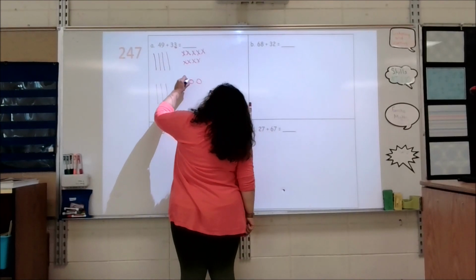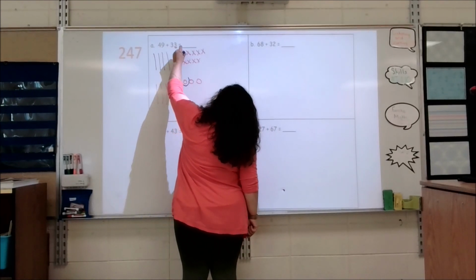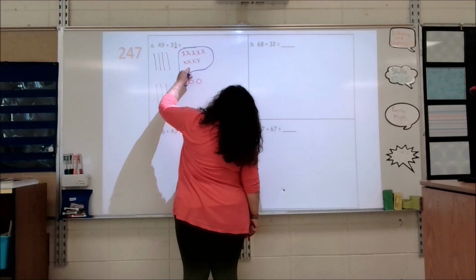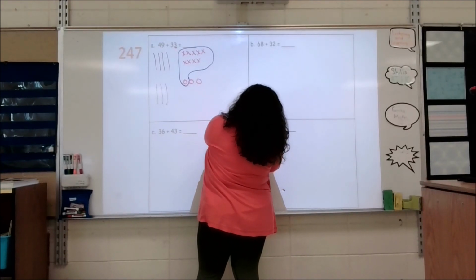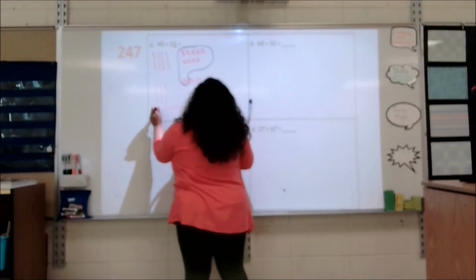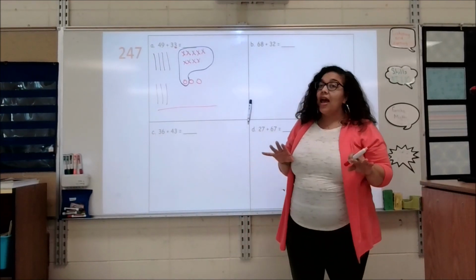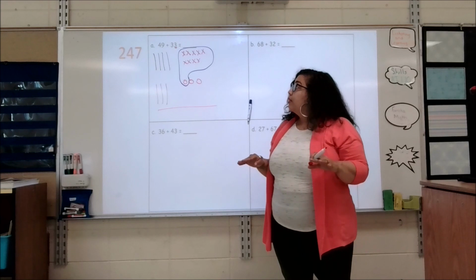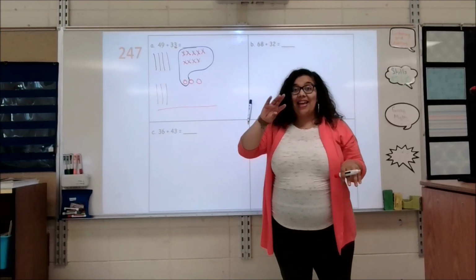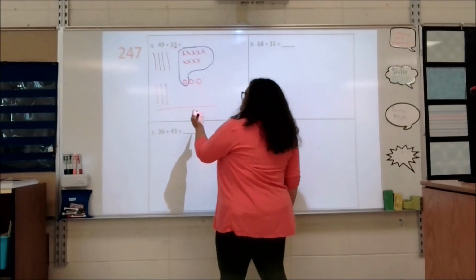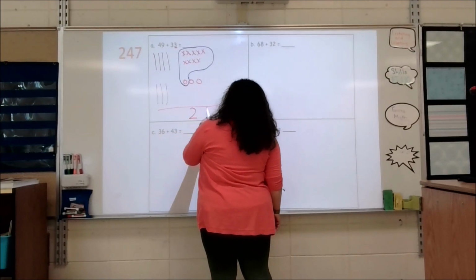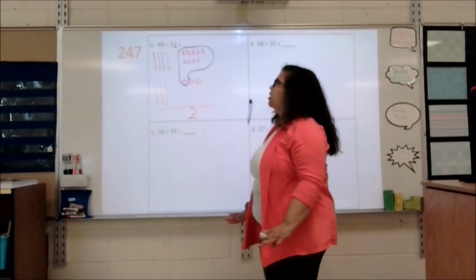So let's go ahead and show that group. We now see that we don't actually have 12 ones. We have a 10 and 2 ones. Those 2 ones are in fact ones, which will stay in the ones place.